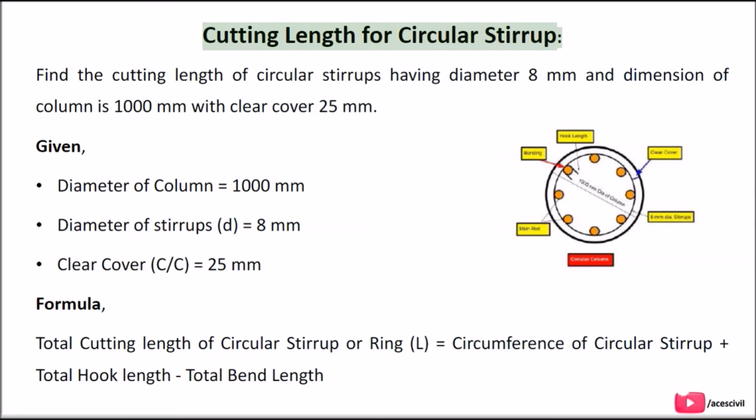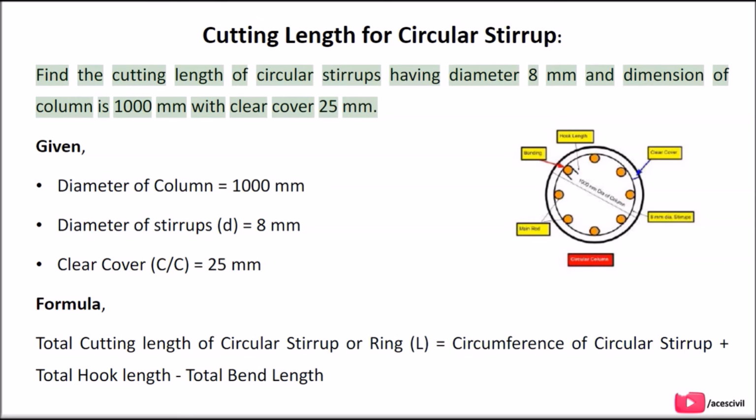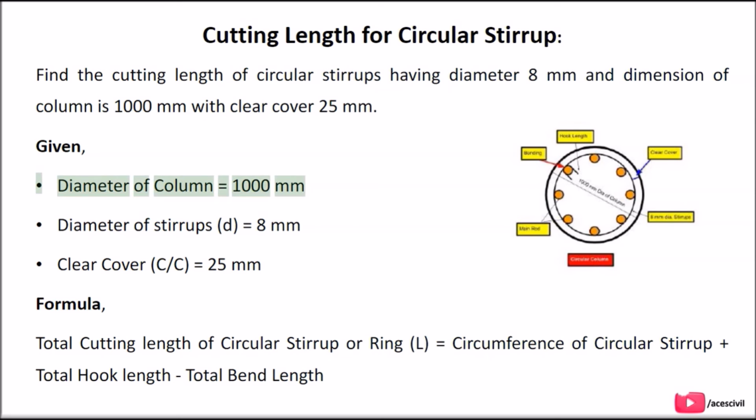Cutting length for circular stirrup. Find the cutting length of circular stirrups having diameter 8 mm and diameter of column 1000 mm with clear cover 25 mm. Given: diameter of column equals 1000 mm.